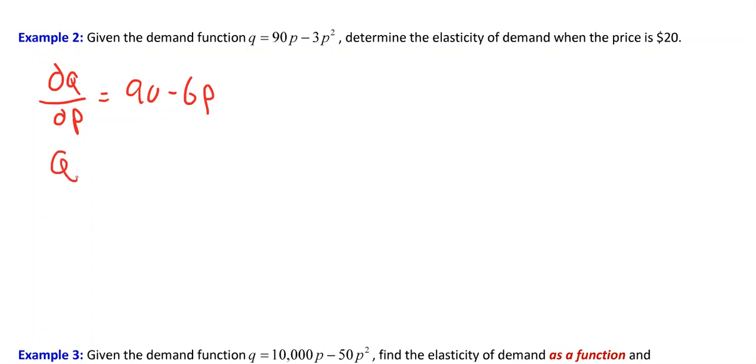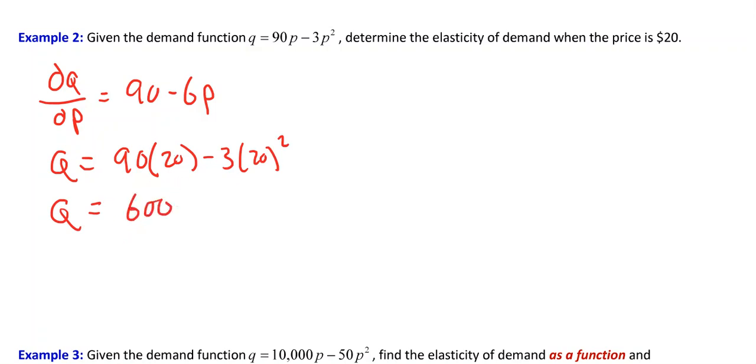Q is going to be equal to 90 times p, which is 20, minus 3 times 20 squared. And so q ends up being equal to 600. So we have everything that we need. We have dq/dp, we have q, and we have p.